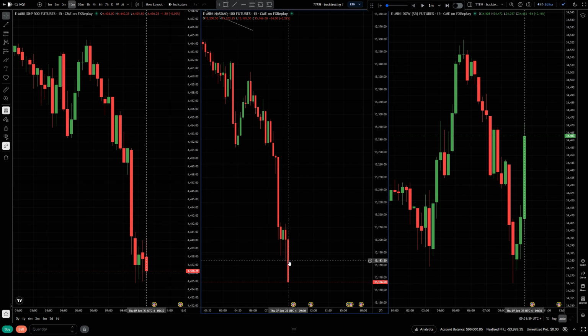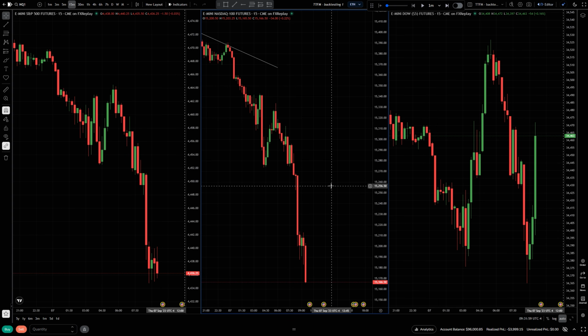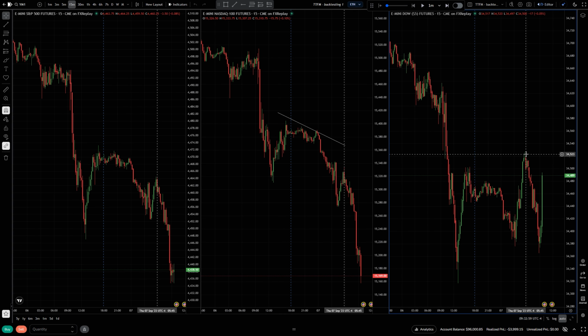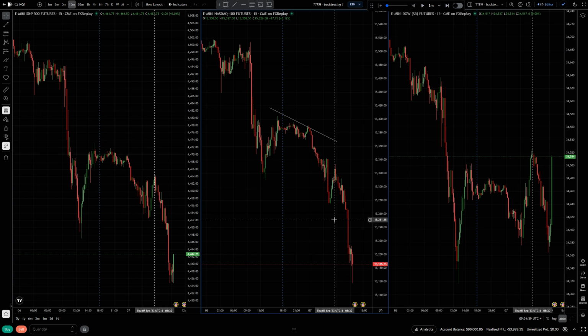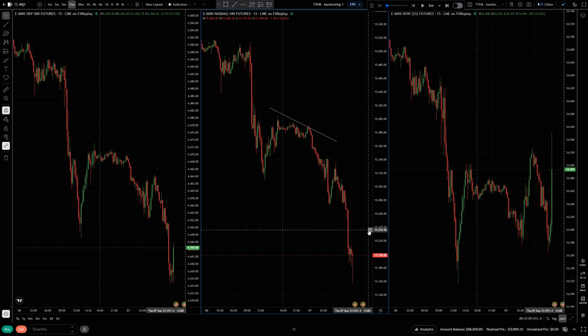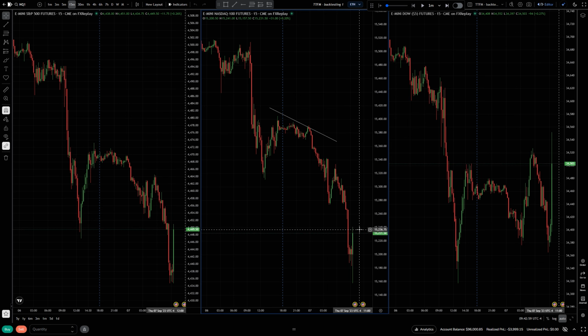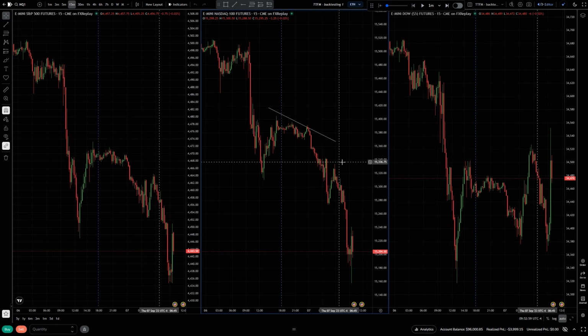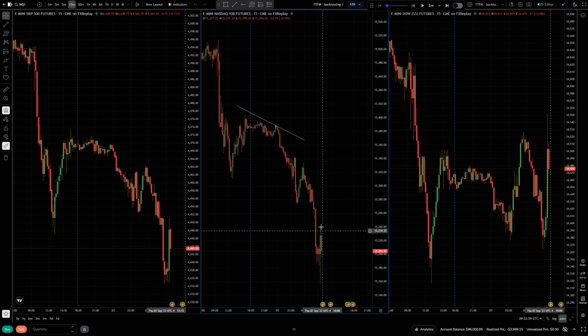We can see that we have a decoupling again. So we are just waiting for YM to sweep out this high, and then we will try to get an entry on NQ. We are just looking for bearish setups. So do we have anything that we could frame a trade off of?